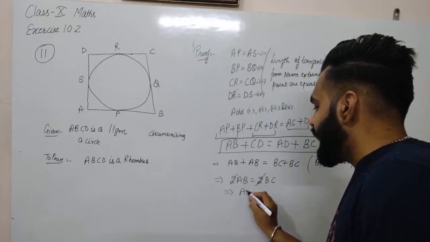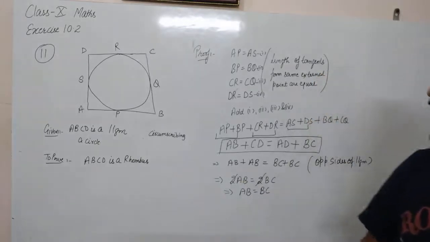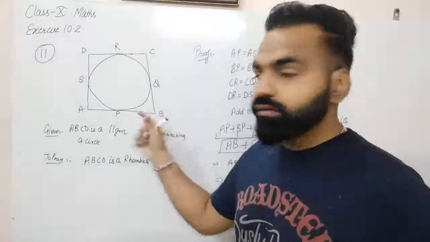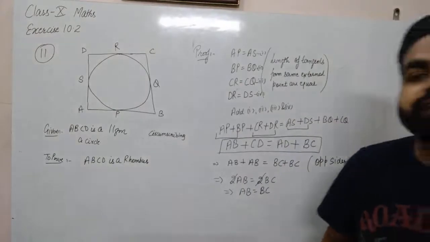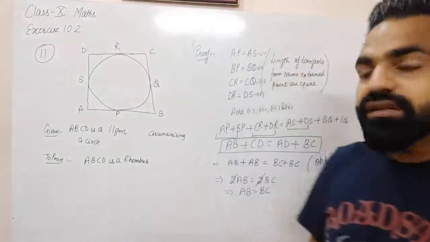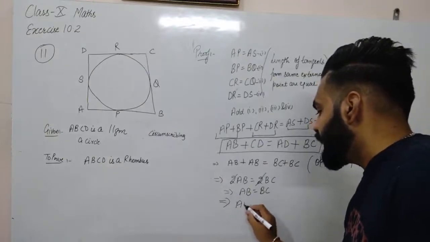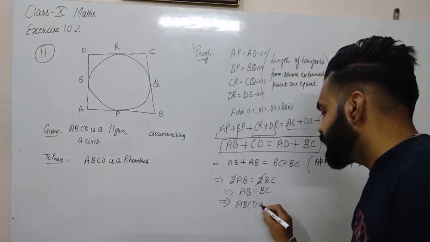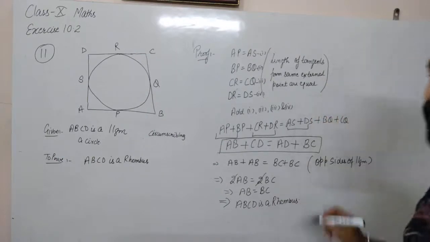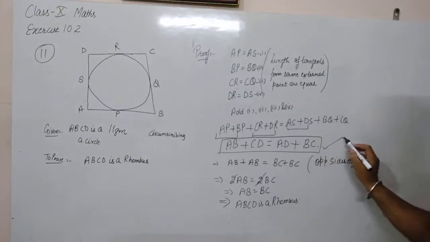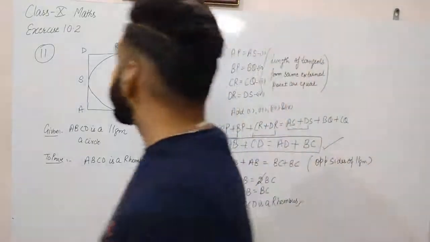From here we can write AB is equal to BC. From now we can see that the adjacent sides are also equal. AB is equal to CD, and in a parallelogram if adjacent sides are equal then it becomes a rhombus. So we can say that ABCD is a rhombus. So till this part it is question number 8, and when we add these two steps, it will become question number 11.